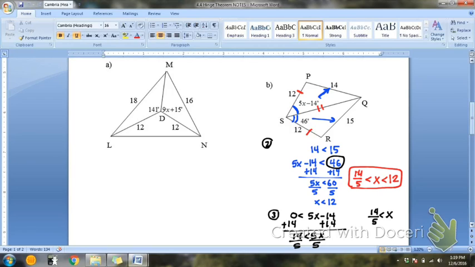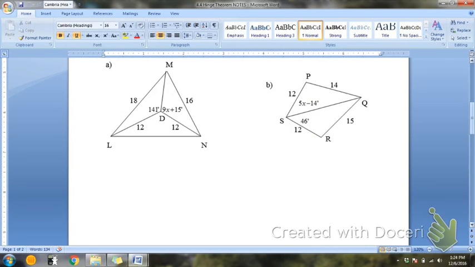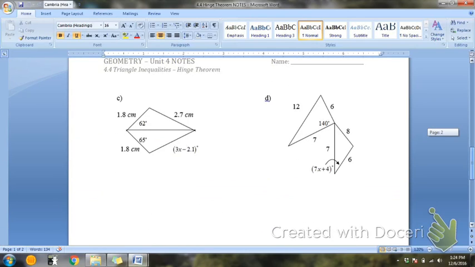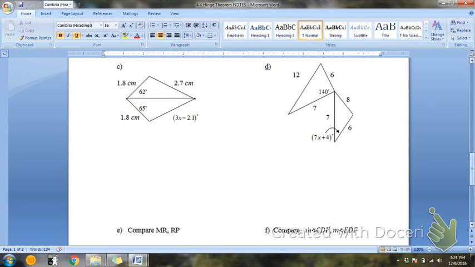Okay, let's look at example C. Okay, we're getting the hang of it. What's the first thing to do? Mark 2 pairs of congruent sides. And it might help to write the steps down on this one, because this one's a little bit different.